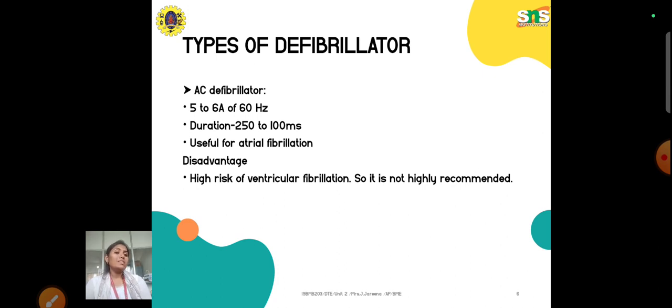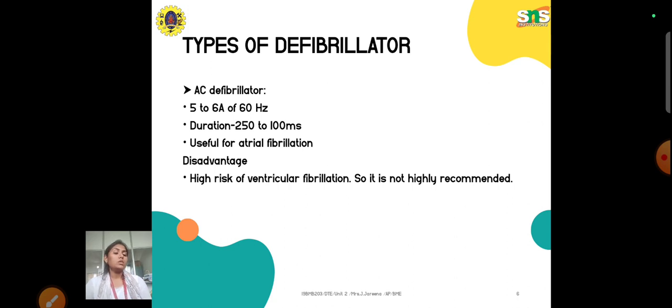Because of this drawback, this type of defibrillator is not highly recommended. That is the reason they came up with the next solution to correct the problem the AC defibrillator has.